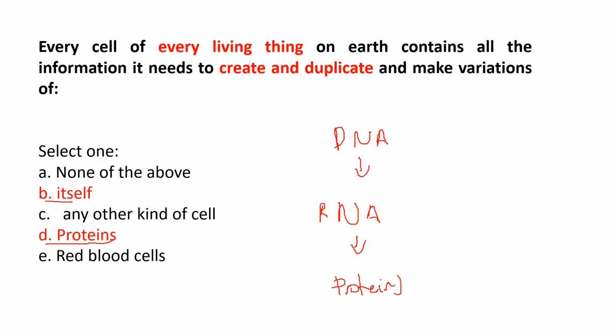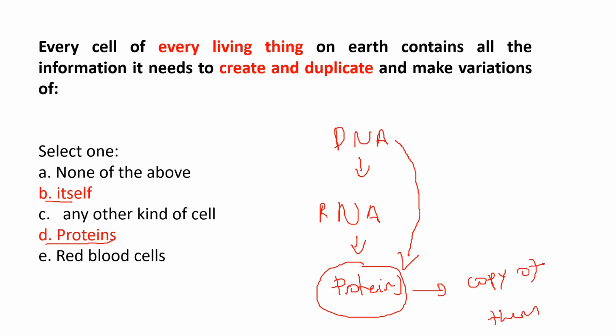So every living organism is producing copies of DNA, producing proteins from their DNA. And why are they doing that? To make a copy of themselves. Okay, so it doesn't look very pretty, but either one of these answers I consider correct. It could be itself or proteins.